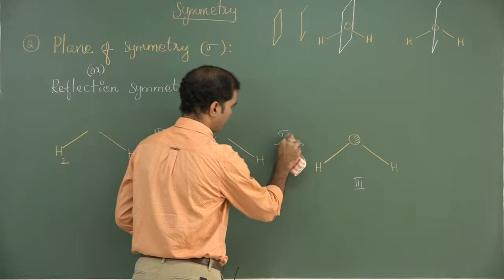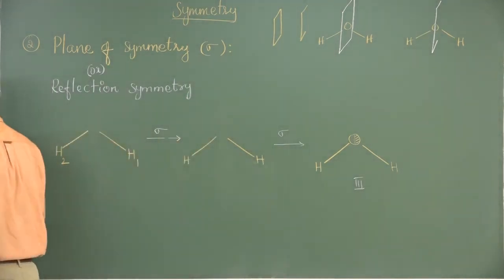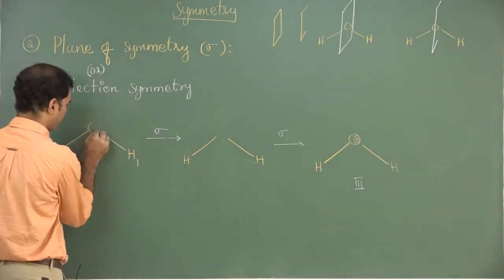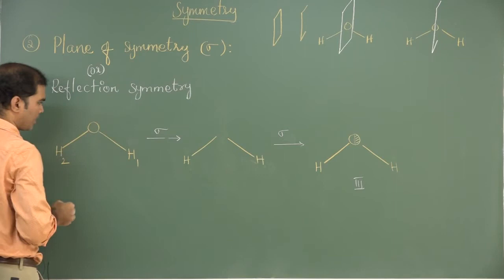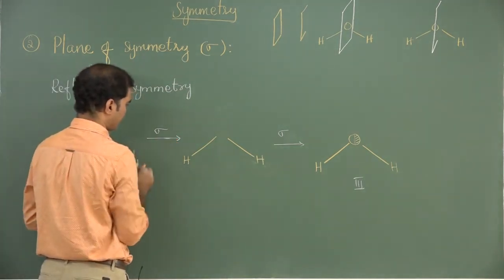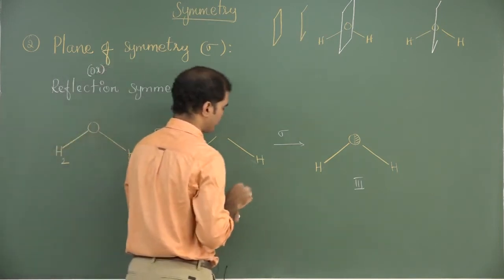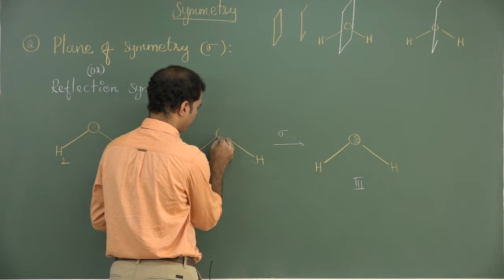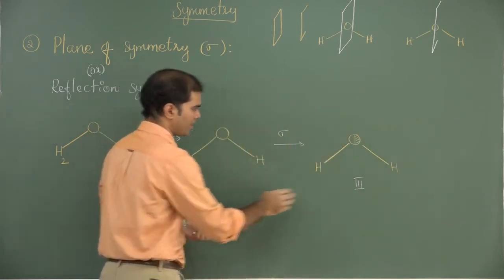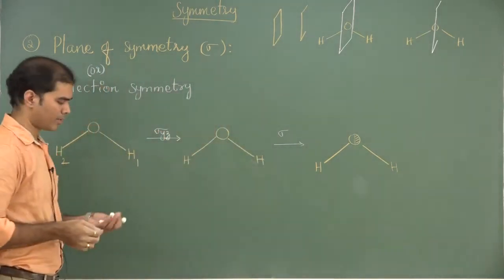Instead of sigma xz, let me change the plane as yz, the plane of the board. How many operations we have to perform, we will try to check. Whether we are getting only 3 structures or many, we will try to check.